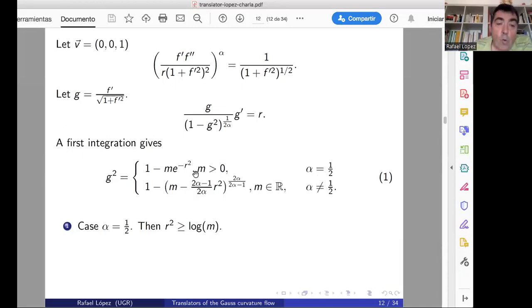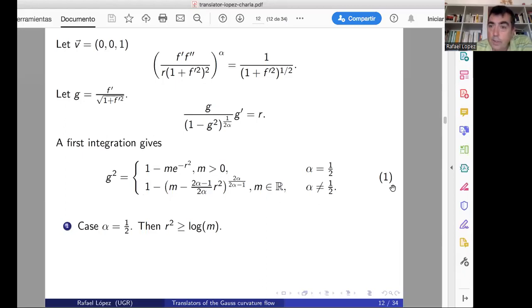Important is what about the domain of the solution of the equation? From this equality, we obtain information about the domain. For example, if alpha is 1/2, then r must be bigger than this number. In the other case, when alpha is not 1/2, then this number must be positive, and also this expression must be positive.